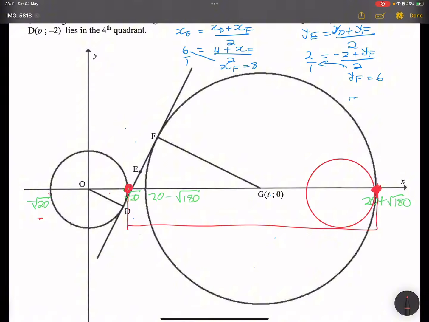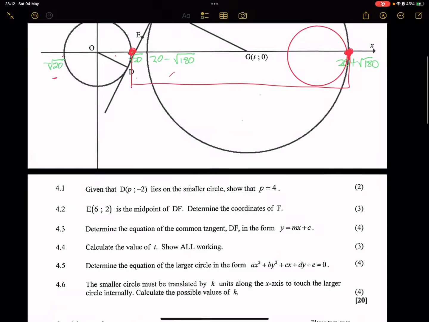plus root 180. Actually, I think I made a mistake in the previous one. I was supposed to say 20 minus root 180, and I think I said 20 plus.